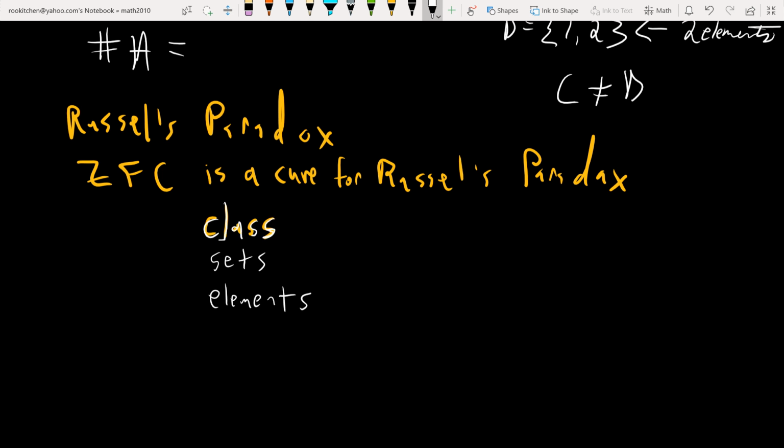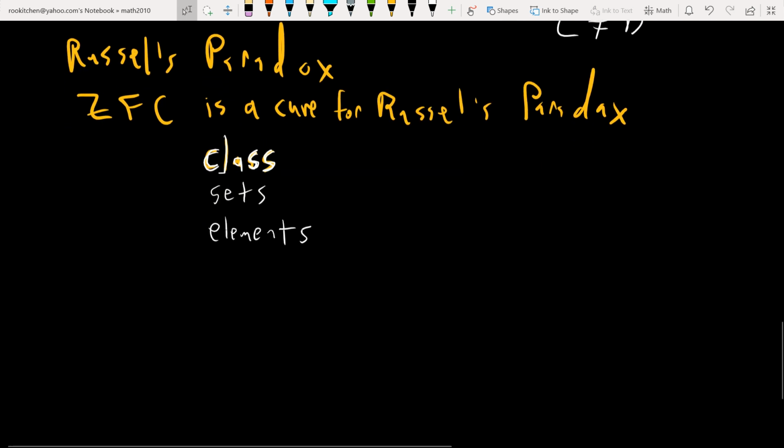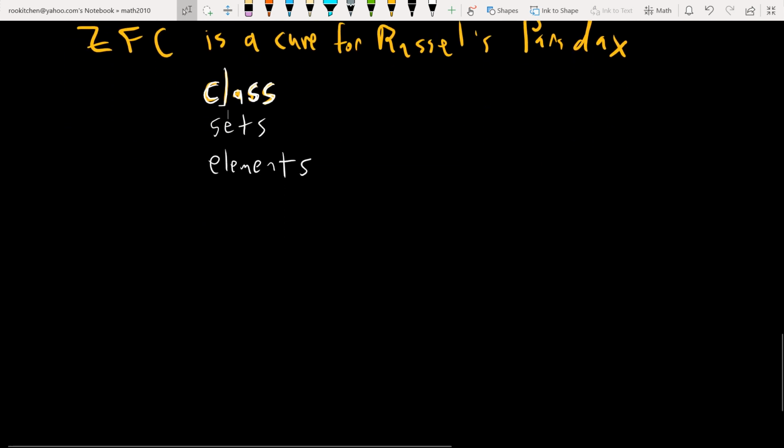Then they'll have to differentiate between a class and a set. All sets are classes, but not all classes are sets. And then you can call that collection that contains all sets that don't contain themselves a class as opposed to a set, and you avoid the paradox. Okay, so it's some crazy business.